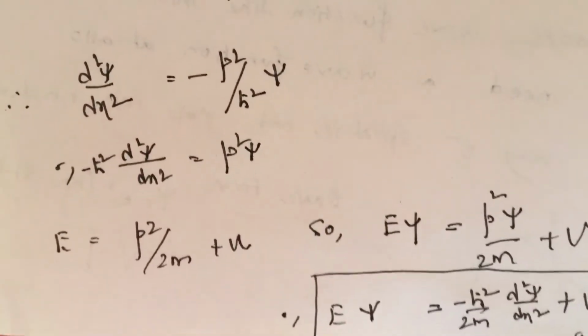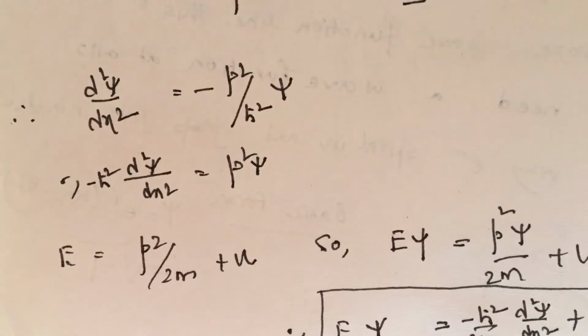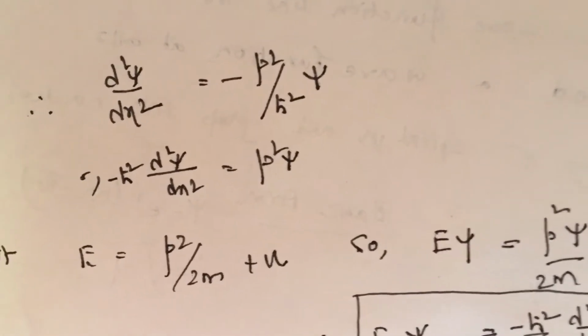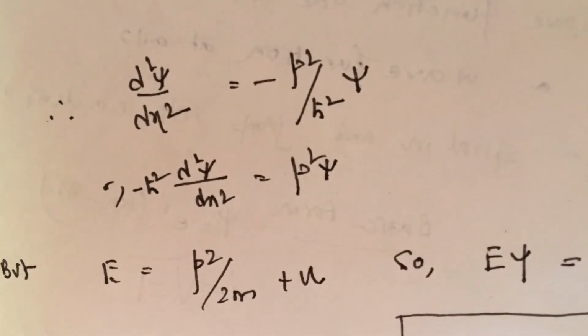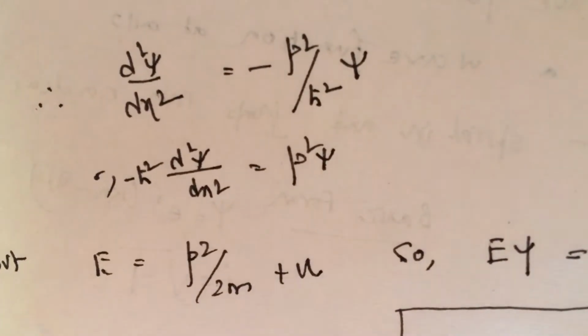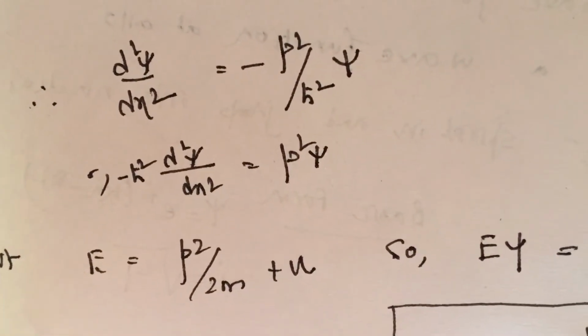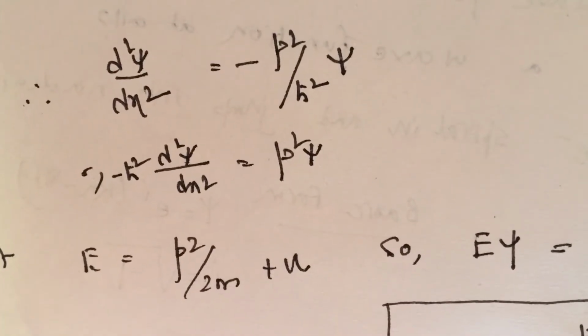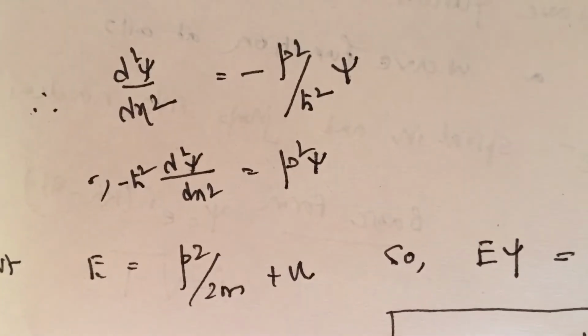Multiplying with minus h cross square, I get minus h cross square d2 psi dx square equal to p square. And as total energy is equal to kinetic energy plus potential energy, the kinetic energy term is p square by twice m, and the potential energy term I have written as u. I will substitute the form, whatever may be the case.